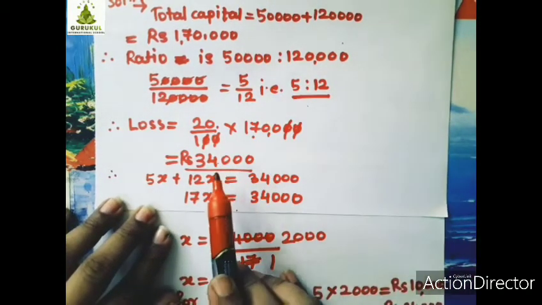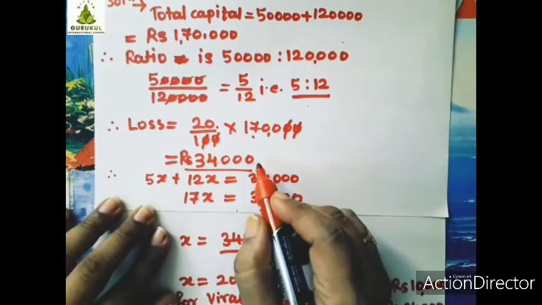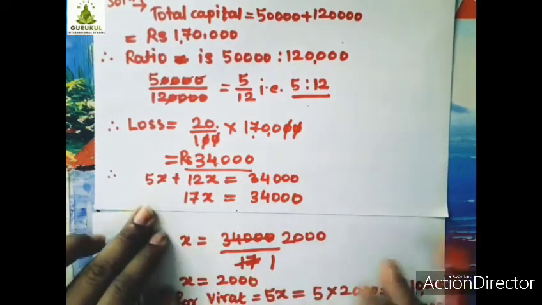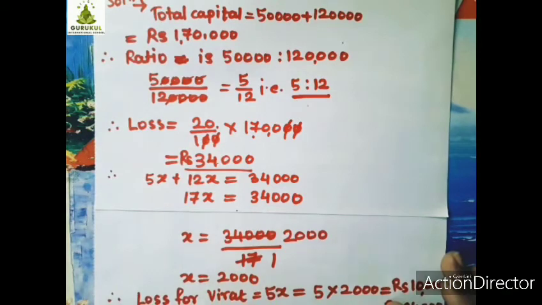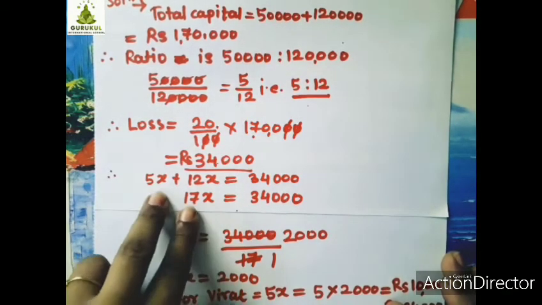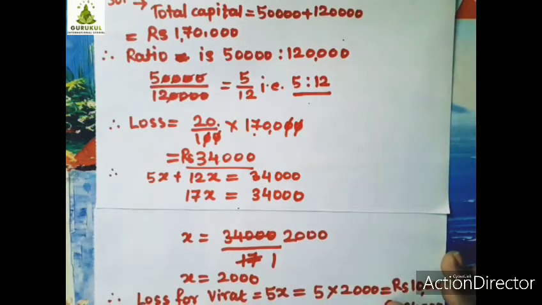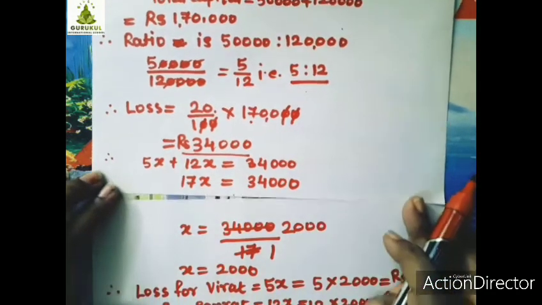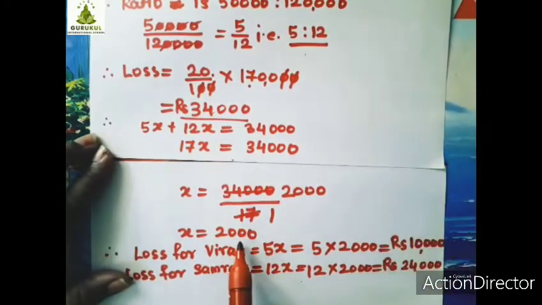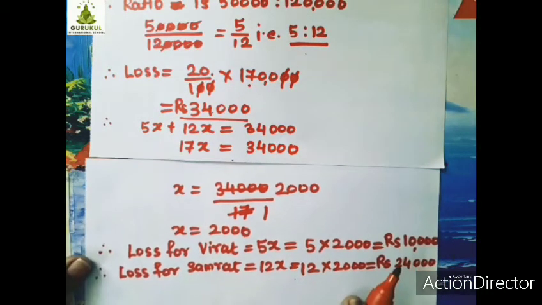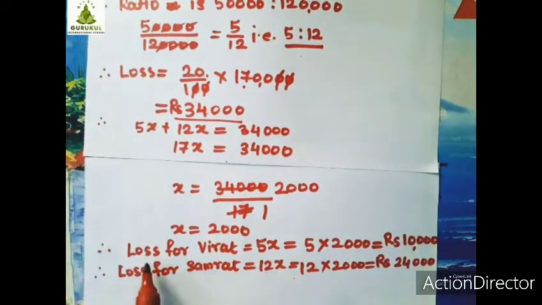Now this rupees 34,000 was the loss that has to be distributed among Virat and Samrat. So 5x plus 12x is equal to 34,000, and we found the value of x, which came to 2,000.